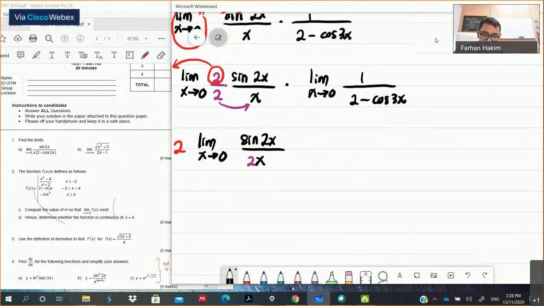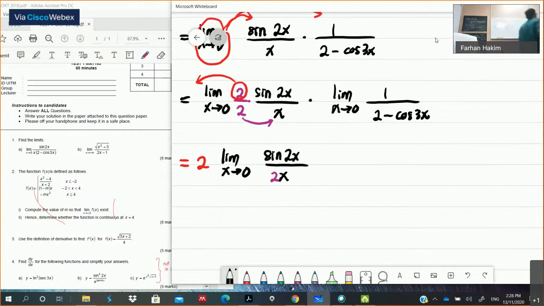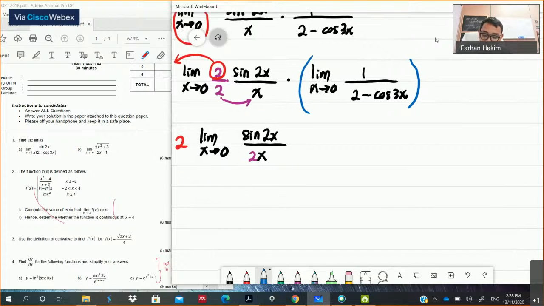Okay, we'll have something like this. Now for the part in the blue bracket, we can substitute the value of x to 0. So we'll have 1 over 2 minus cos of 0.